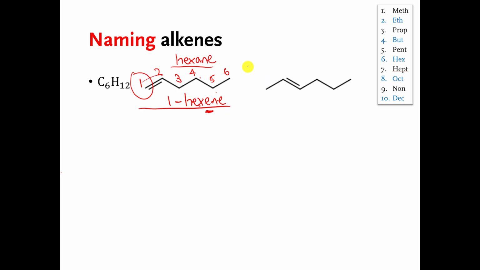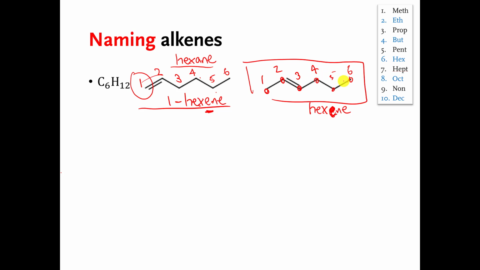You can pause the video and think about what this one would be called. We number the carbons as well. There are 6 of them. So this molecule is also going to have the end part of its name be hexene. And we have to number the carbons from whatever end makes us hit the double bond first. 1, 2, 3, 4, 5, 6.